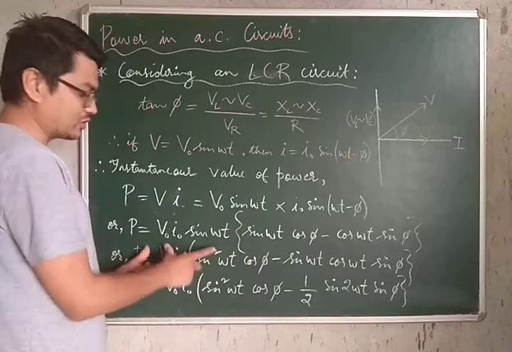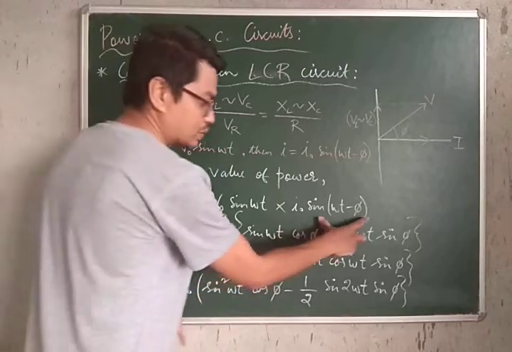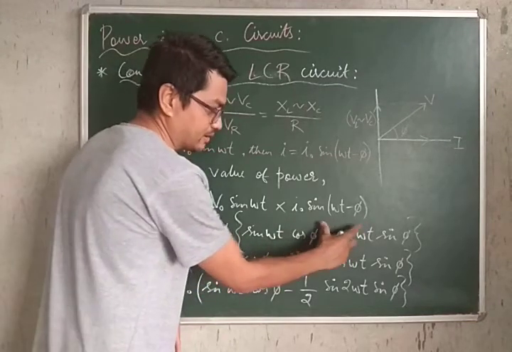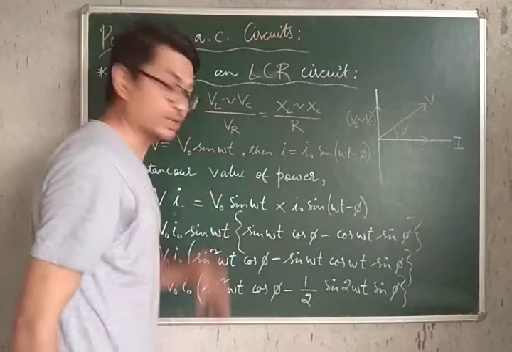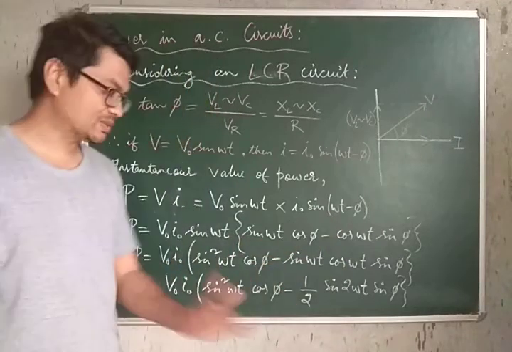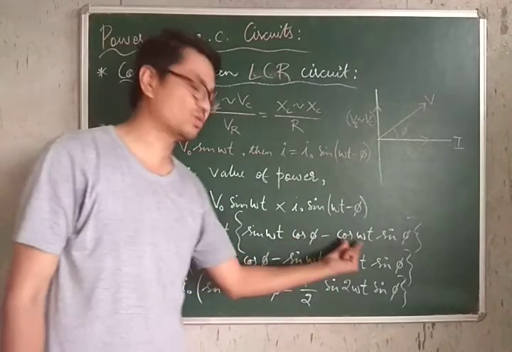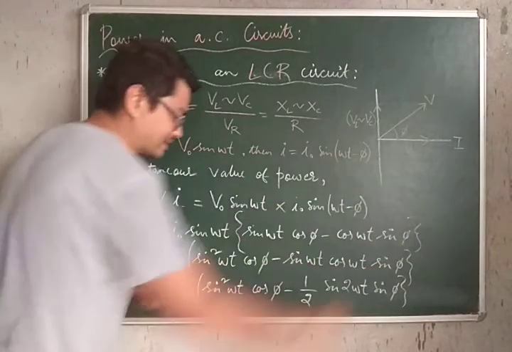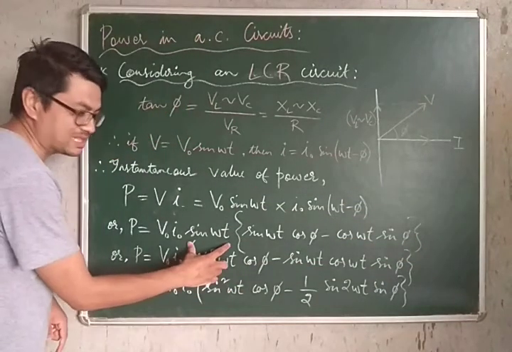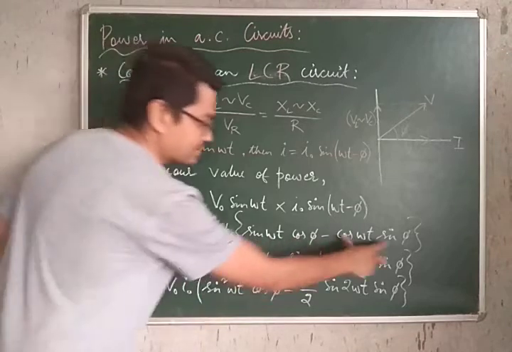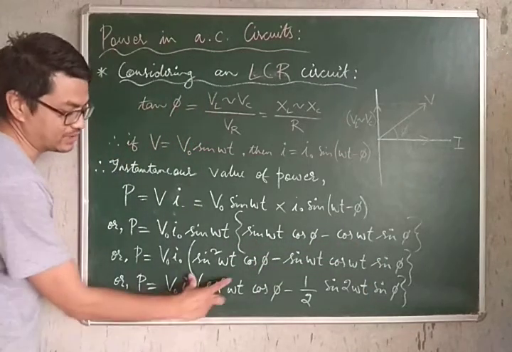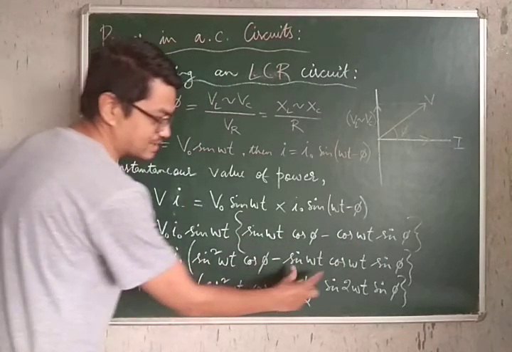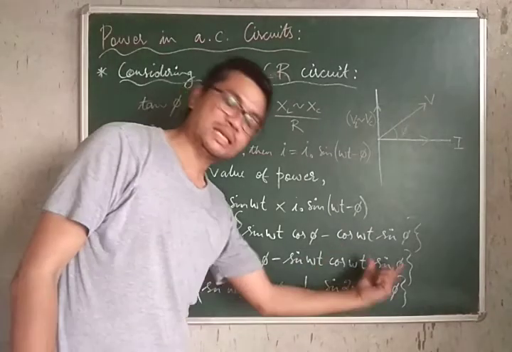Then after, it's simple mathematics. So this is V0 sin omega t, and we are expanding sin(omega t minus phi) in the form sin(A minus B). Sin(A minus B) is sin A cos B minus cos A sin B. Alright, so we've expanded that. Now we multiply both the terms inside the bracket by sin omega t, and we get sin squared omega t cos phi minus sin omega t cos omega t sin phi.